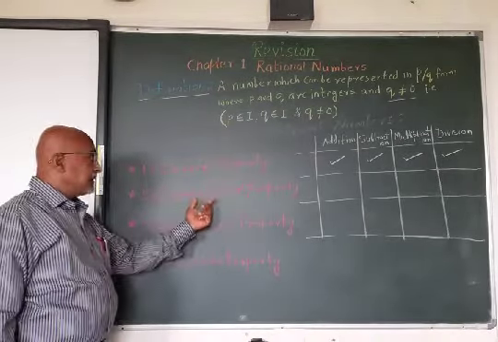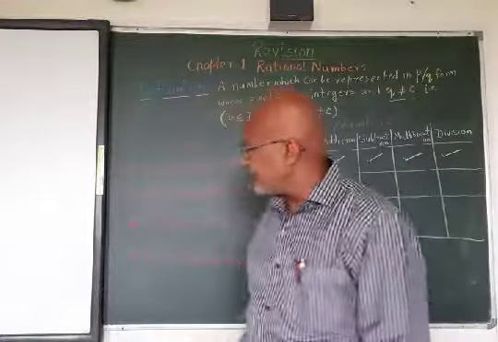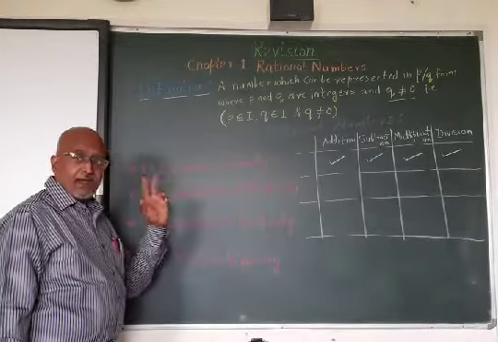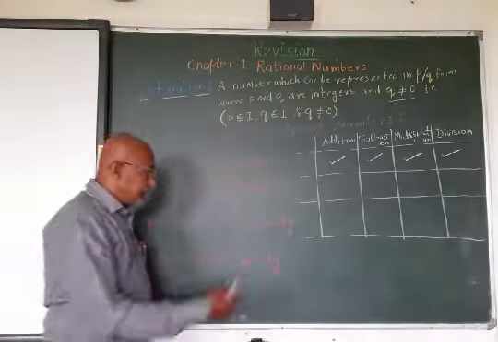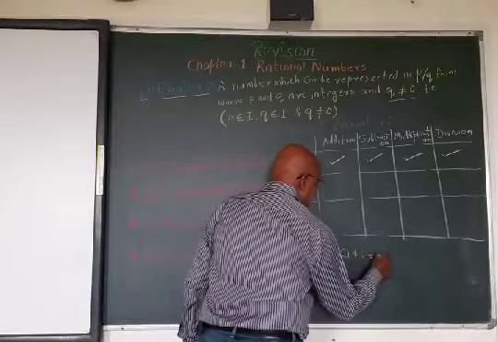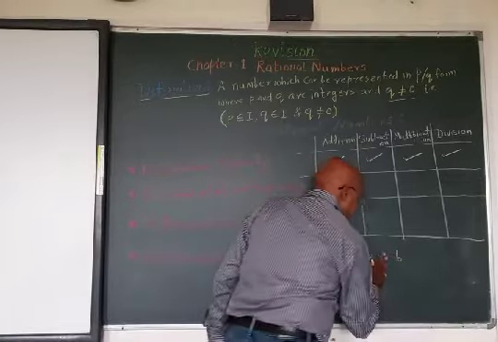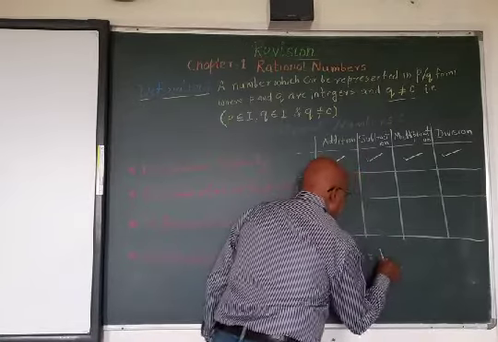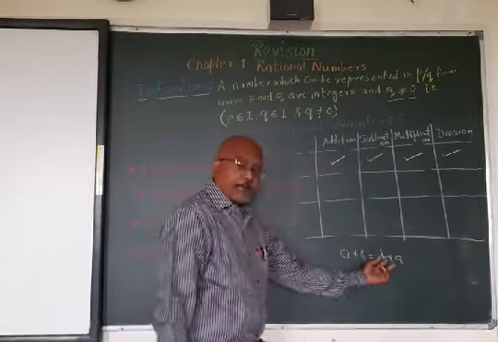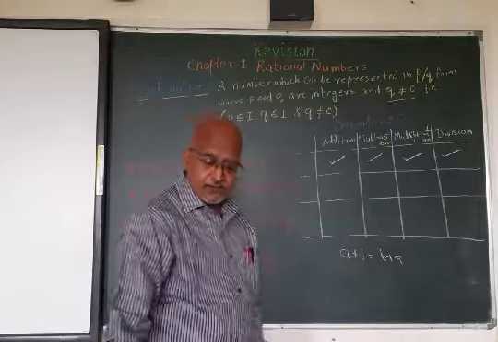Next is commutative property. Now what is commutative property? When we add two numbers, for example, a plus b equals b plus a. Means when we change the sequence of addition, the result comes out to be the same.